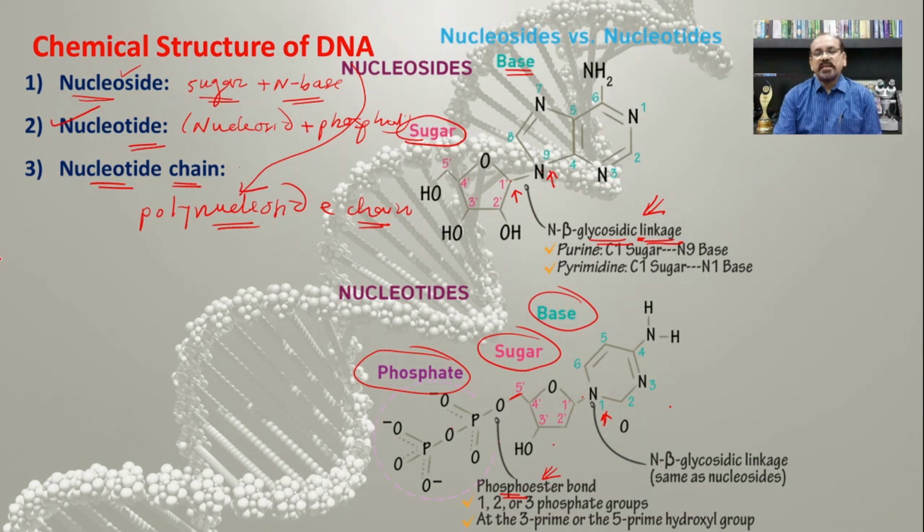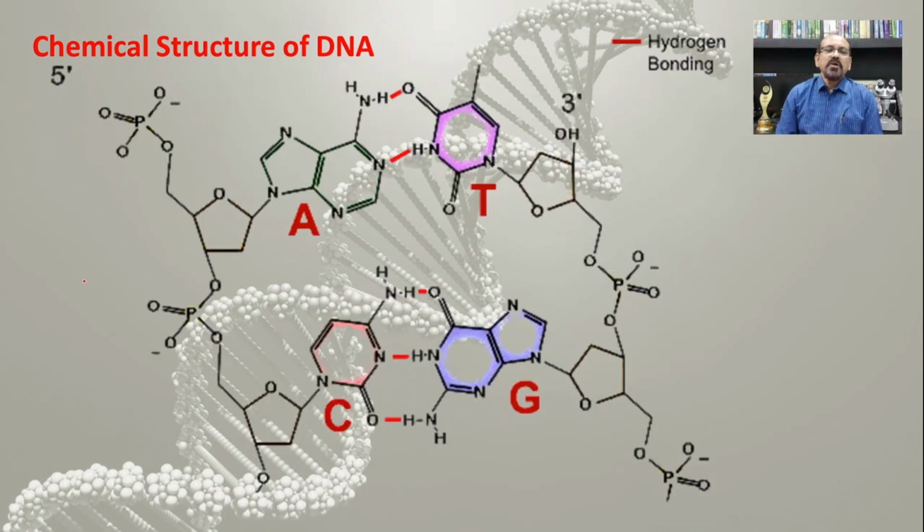So we will see here how DNA is formed with the help of these nucleotide chains. Here this is a sugar molecule: first carbon atom, second carbon atom, third carbon atom, fourth carbon atom, and outside that is the 5th carbon atom. In a similar manner, this is the 9th nitrogen and this is the first nitrogen. So this is a thymine.